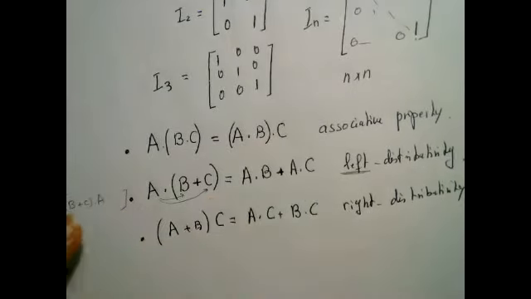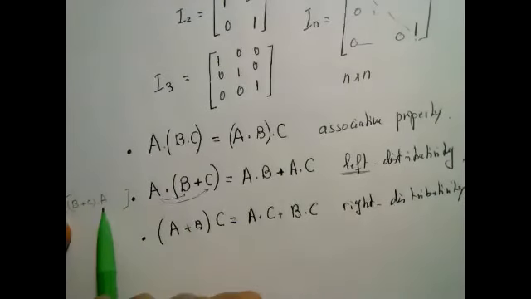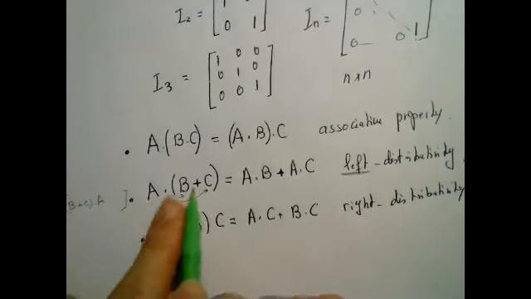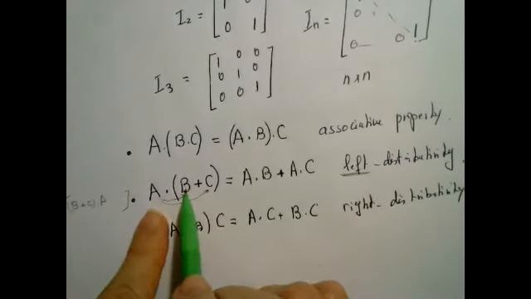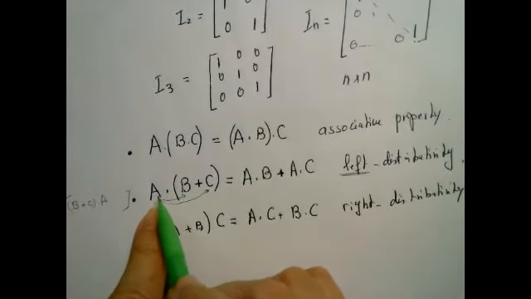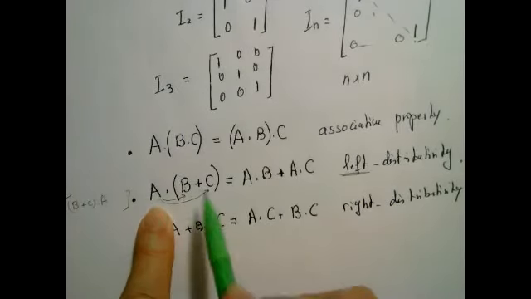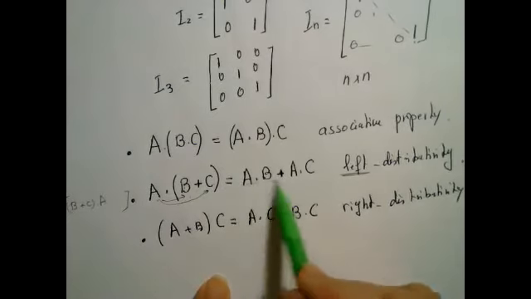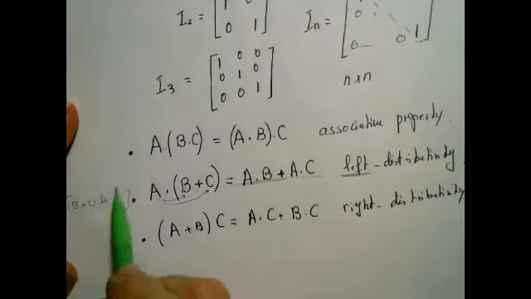I will emphasize this a second time: the order matters. So A times (B plus C) is not (B plus C) times A. Here I'm distributing from the left, A times B plus A times C. It's not B times A plus C times A, which is wrong. I can't do that because the order in which we multiply really matters.